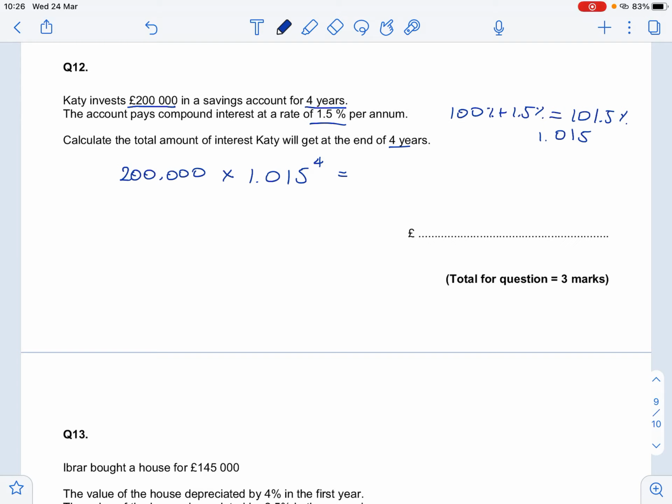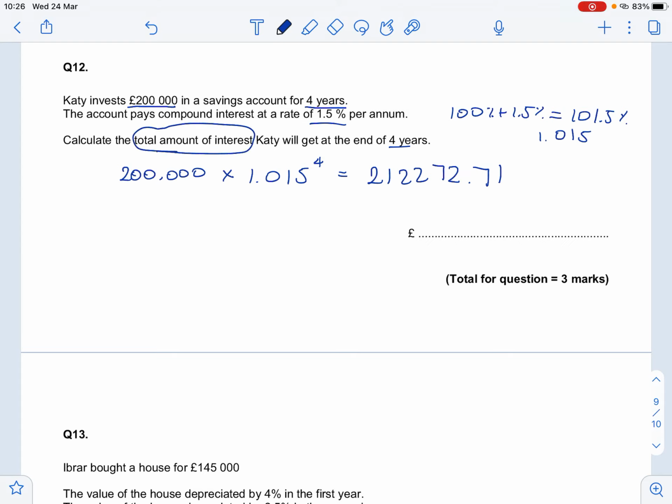So you get 212,272.71. But the question asks you to find the amount of interest.